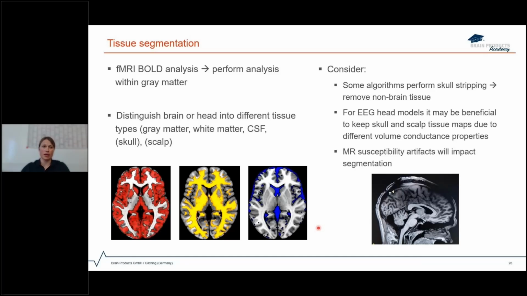The scalp and the skull tissue maps have different volume conductance properties, and it can be very beneficial to use the actual tissue maps to better estimate our head models. But we do also need to consider that if we have very large susceptibility artifacts in our data, such as this one, it will be harder to segment the different tissue types, and it will also be harder to estimate head models, for example.